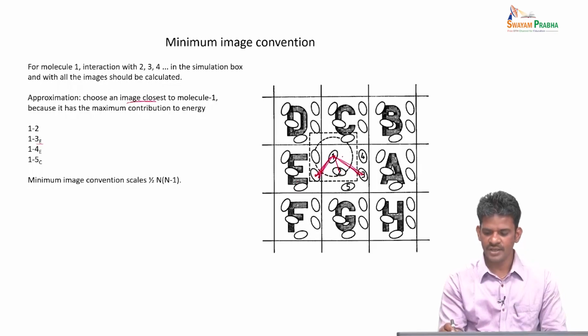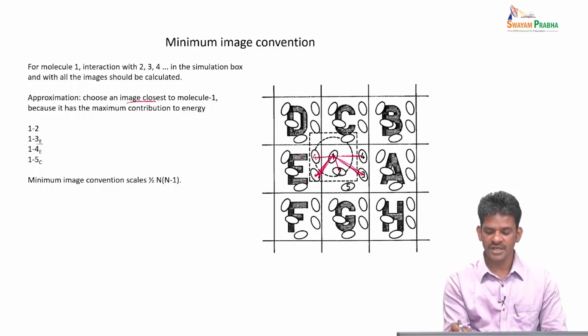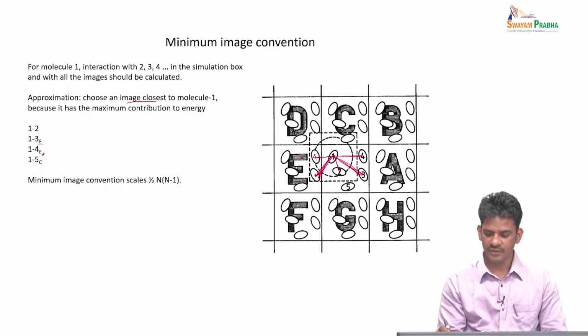Similarly, if you look at 4, the distance from 1 to 4 within the same box is a little larger than to the image of 4 sitting in box E. So this distance is smaller. So we consider the interaction between molecule 1 and the periodic image of molecule 4 sitting in box E, that is 1 to 4E. And then if you look at the fifth molecule, again the distance between 1 and 5 is this, but there is a periodic image in C which is closer.